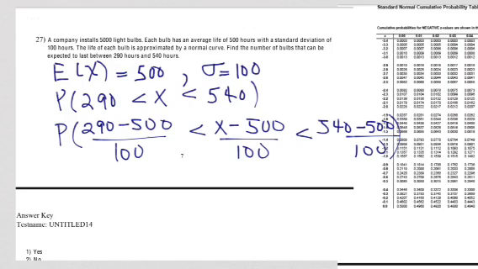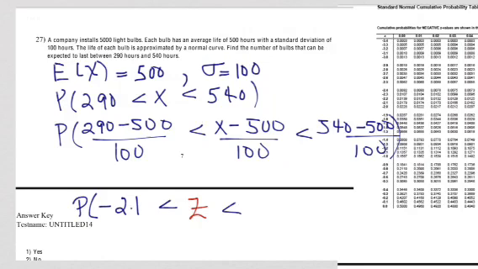Okay, now I need to do some calculating. 290 minus 500 over 100. Now this is z, remember? Once we subtract the mean and divide by the standard deviation, this has become a random variable whose expected value is 0 and whose standard deviation is 1.